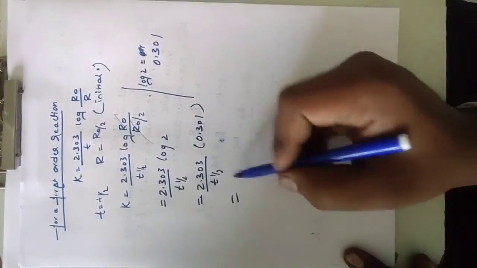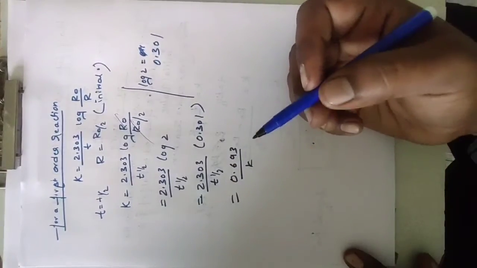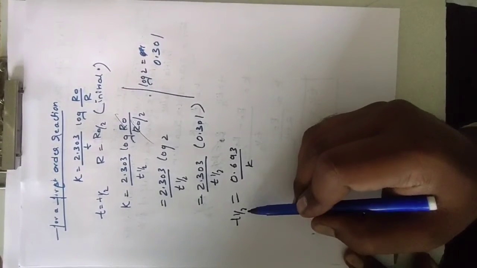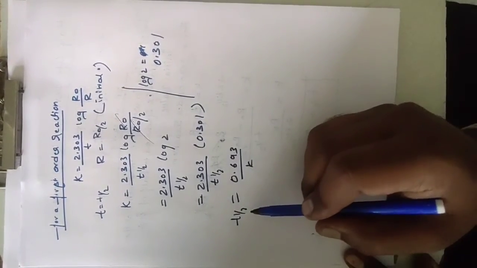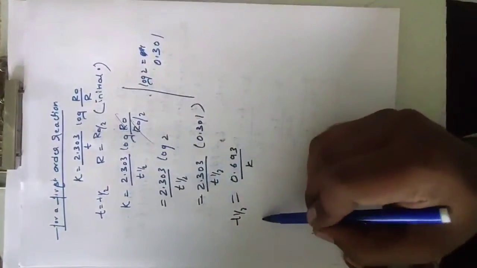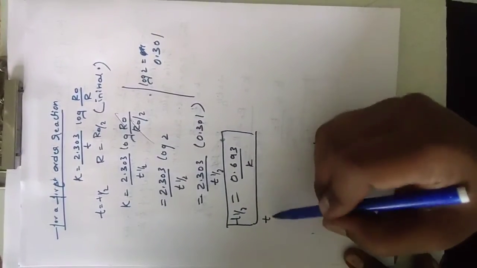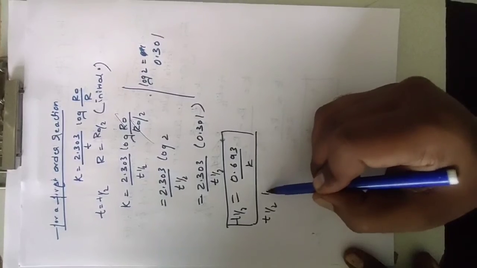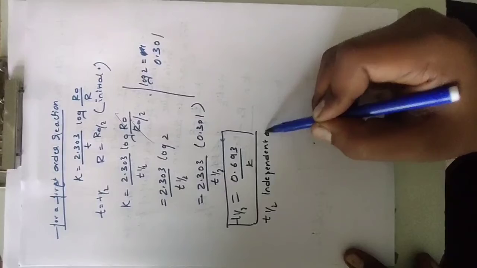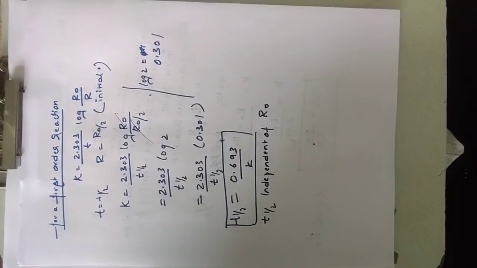If you multiply, we get 0.693 by k. It is t of. This is the expression for the half-life period of the first order, and t of is independent of r naught. Do you understand this?